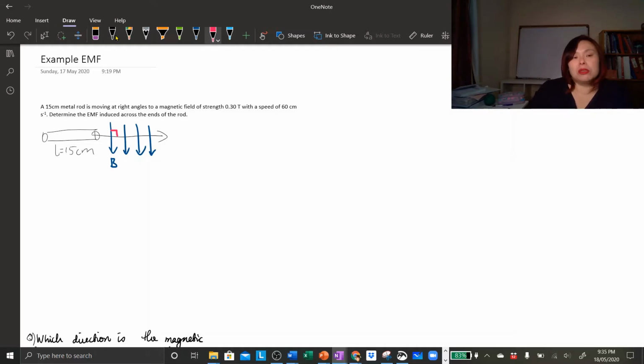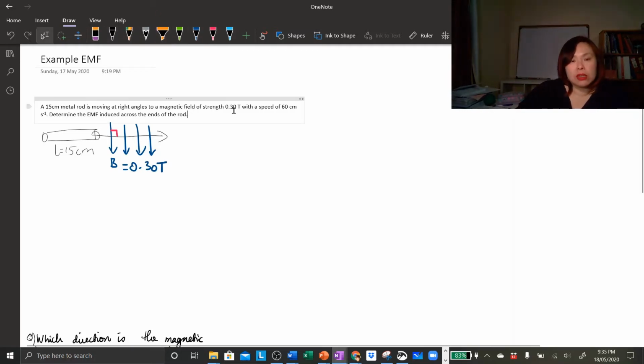The movement of the rod is at 90 degrees to the direction of the magnetic field. And this magnetic field has a field strength of 0.30 Tesla. And this rod is moving at a speed of 60 centimeters per second.